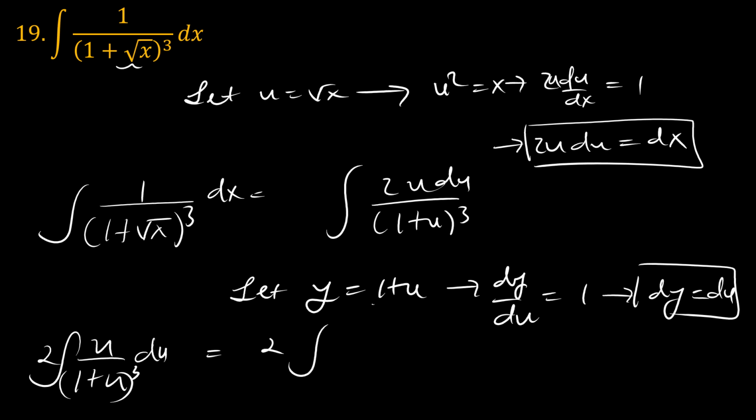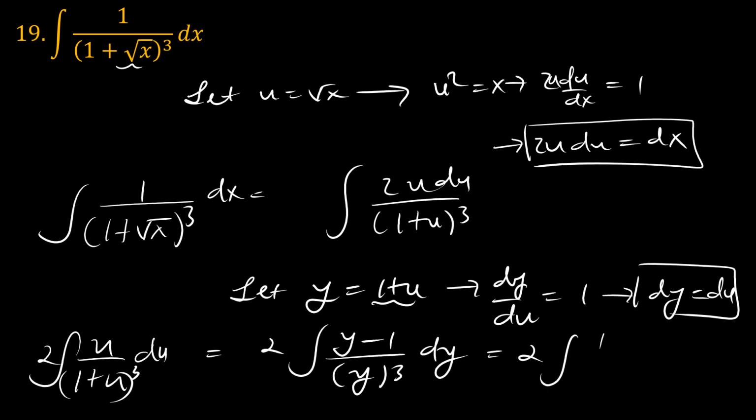From here we see that y minus 1 is u over y cubed, which becomes 2 times the integral of 1 over y squared minus 1 over y cubed.